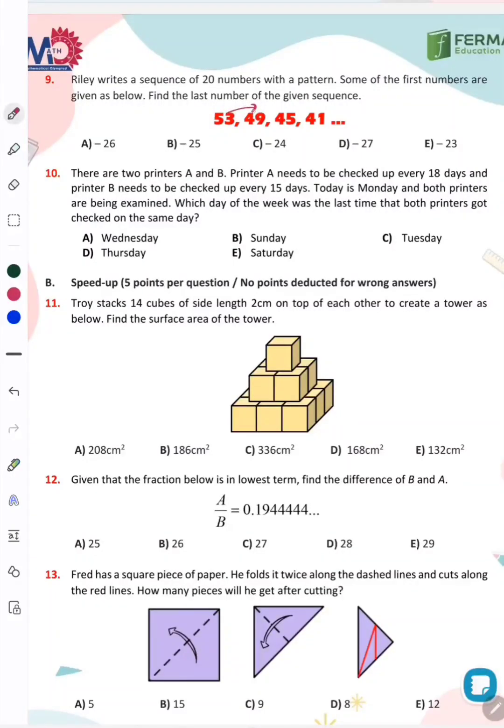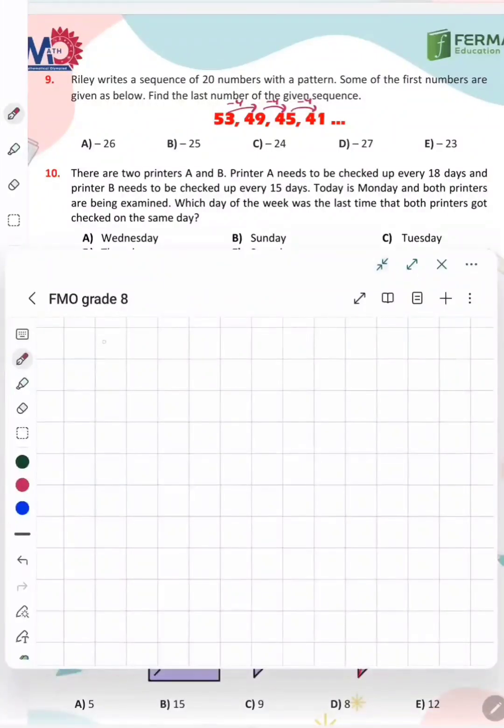If we look at the sequence, we understand that our difference is all the time -4. So we can set an nth term formula for this sequence. We can write Tn equals -4n plus, so what we add in order to get the first term when we plug 1 instead of n, it's 57.